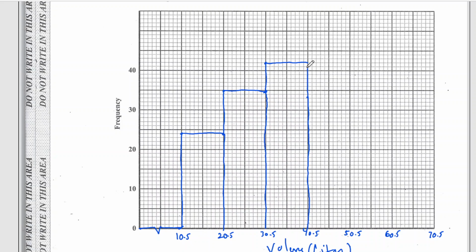And obviously you always do this with a ruler, neatly. So we had 3 bars. The fourth bar, between 40.5 and 50.5, is 28. 28 is 25, 26, 27, 28, will be here.